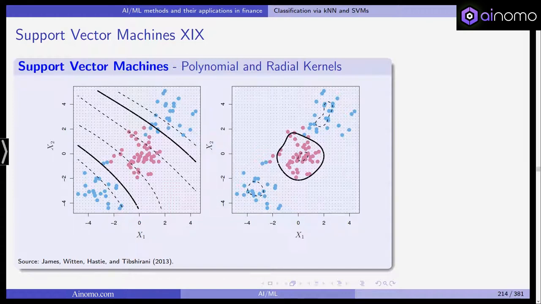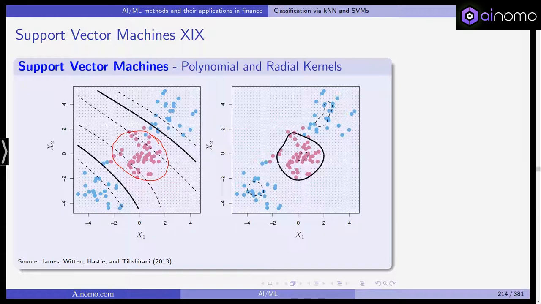On the left-hand side, you see a polynomial kernel. We have our observations here, and we would have liked those red observations to be separated from the blue ones. The polynomial kernel does this. And as you can see on the right-hand side, the radial basis function kernel works even better.